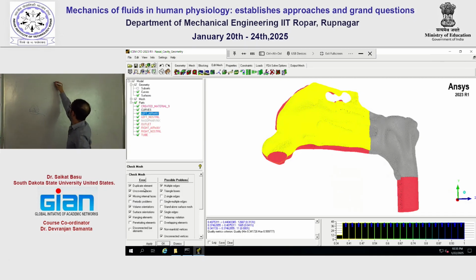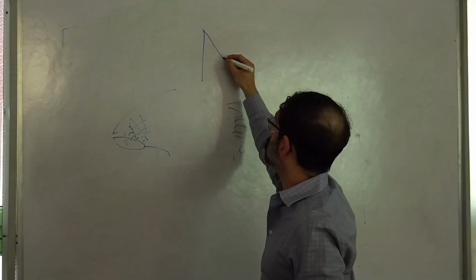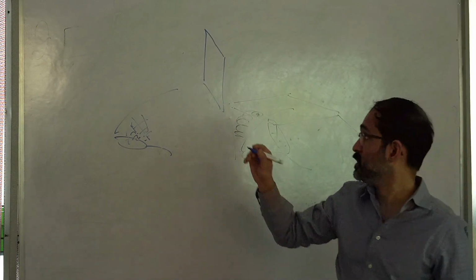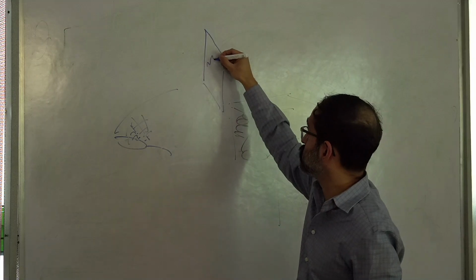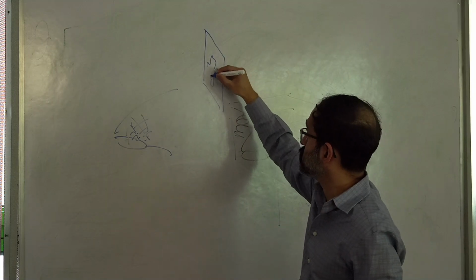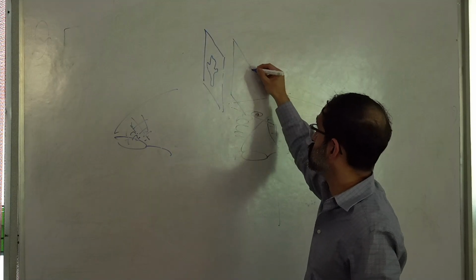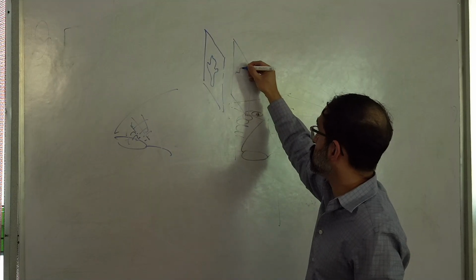so let's assume that this is one of the slices, because we are taking around 200 to 300 slices, right? Let's assume that in this particular slice, this was the airspace. In the subsequent slice, the airspace changed to something like this.